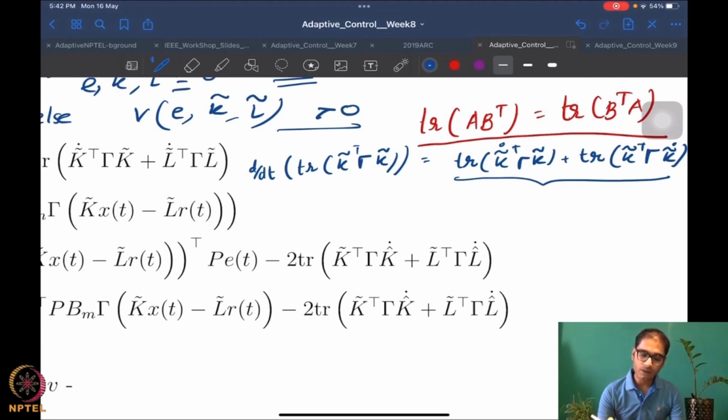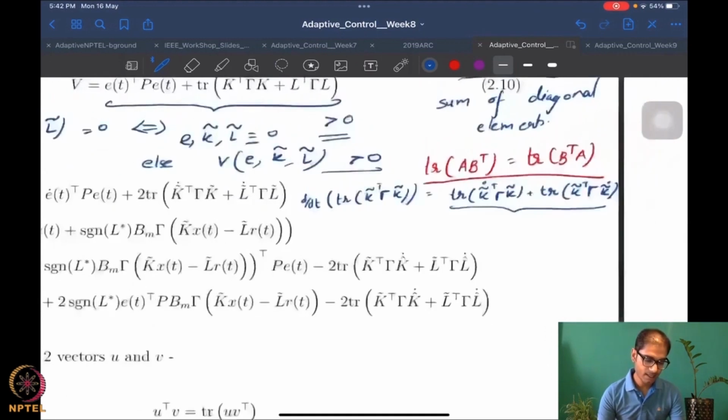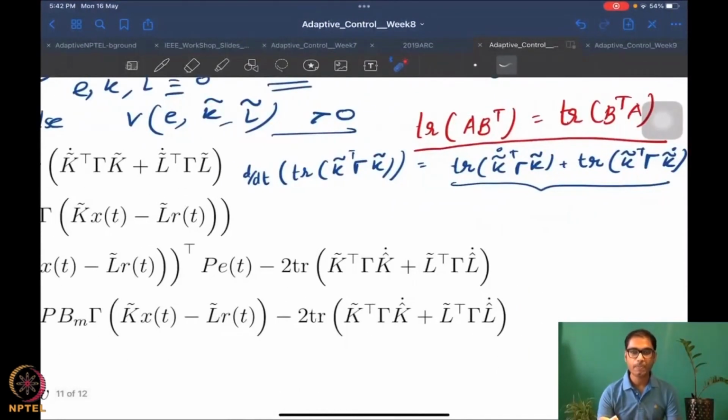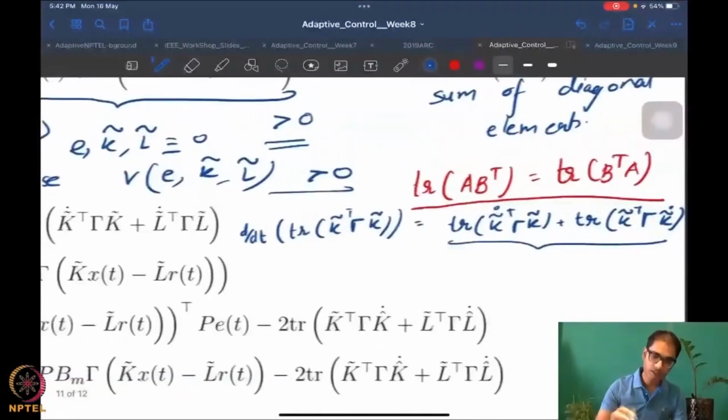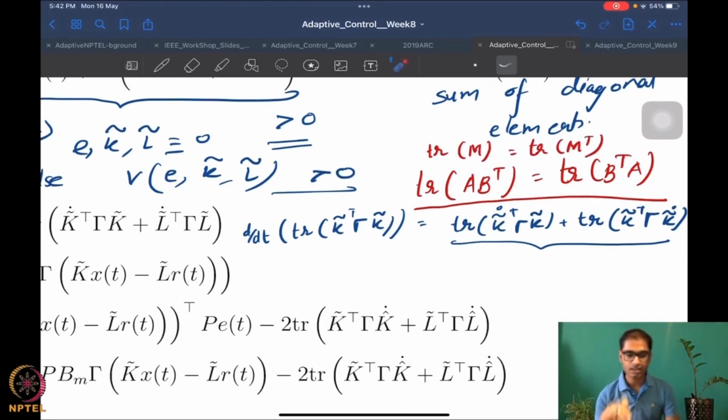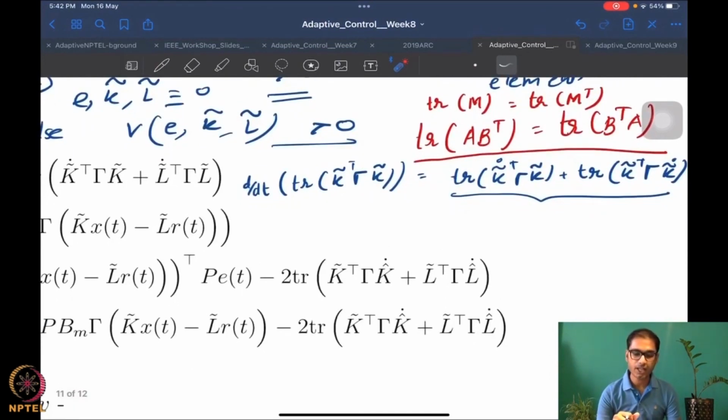But the point is that this entire thing is in fact a scalar, so I'm free to take a transpose. I hope it is also evident to you that trace of M is equal to trace of M transpose, so the trace doesn't modify under the transpose.